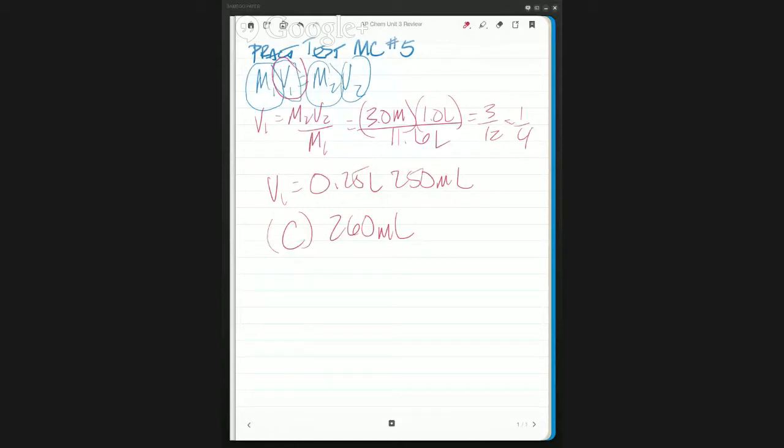The molarity dilution neutralization. Okay, this can't be right. All right, so what I'm going to do is I'm going to share, where is it?